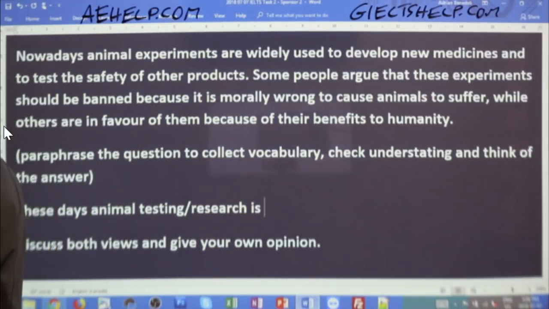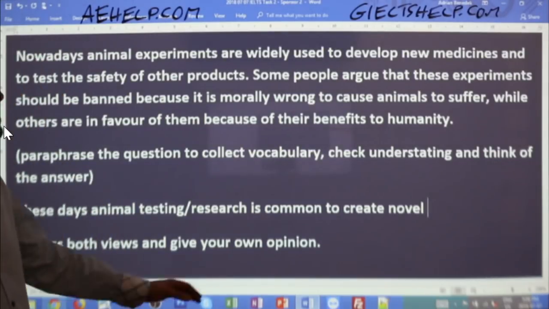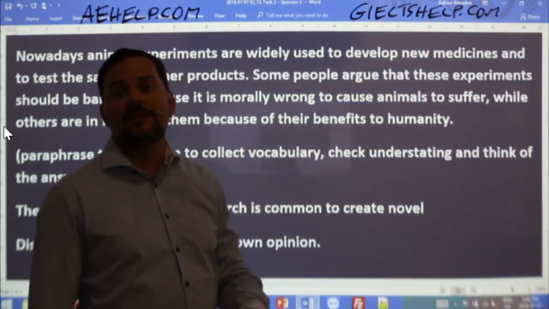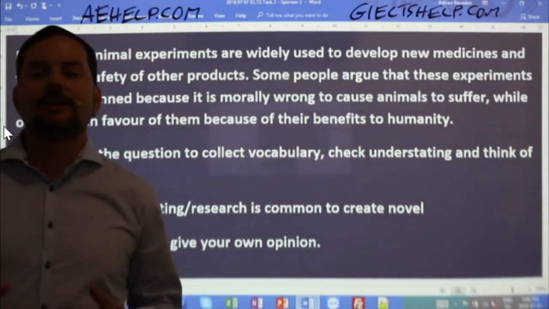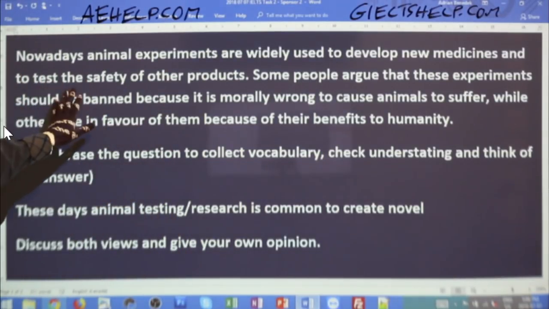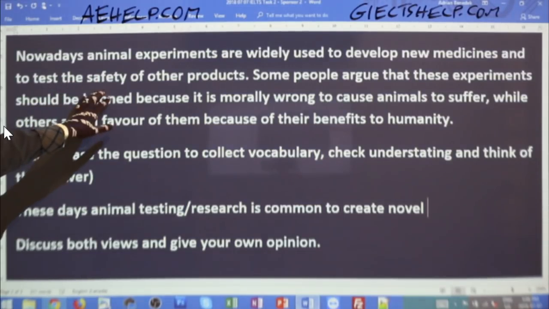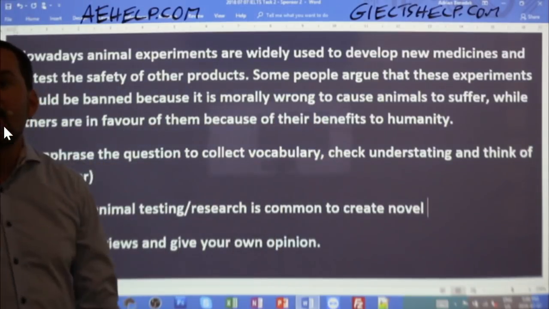Widely used is common to create novel. What's another way to say medicines? Any other way to say medicines? So keep thinking while I'm writing this. If you can see the question, girls and guys, just keep thinking of synonyms or antonym negatives or phrasal verbs, expressions to paraphrase some of these.